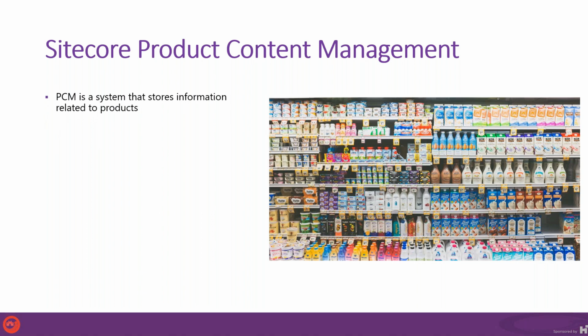So this PCM, Product Content Management, you can integrate with those external sources like ERP or PIM, and then you can use these product assets or details to create the content more meaningfully. So you don't need to reinvent the wheel. If the product details are already in a different source, you don't need to create those assets again, upload them in the Sitecore Content Hub, and duplicate that product data.